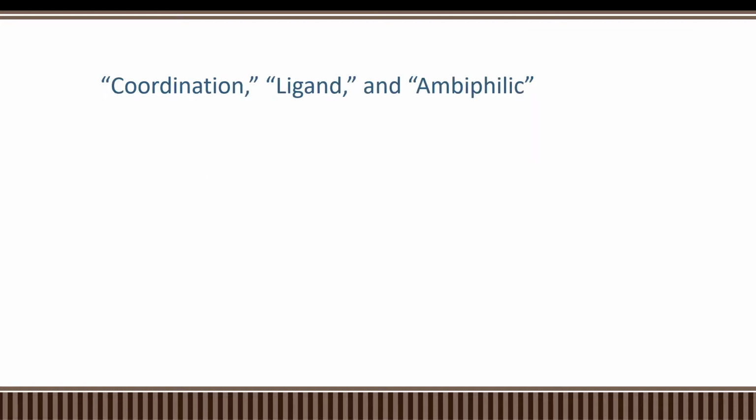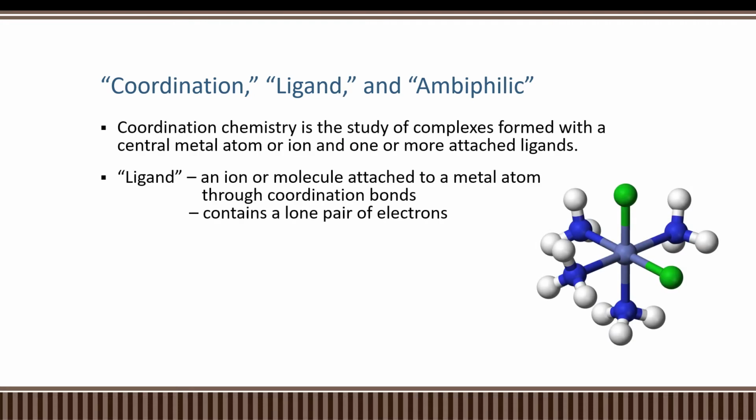First off, some definitions of things that you saw in the title that you may not be sure of. First of all is coordination. That refers to coordination chemistry, the study of complexes formed with a central metal atom or ion and one or more attached ligands. And to define ligand right away, that's an ion or molecule attached to a metal atom through coordination bonds, and they contain a lone pair of electrons.